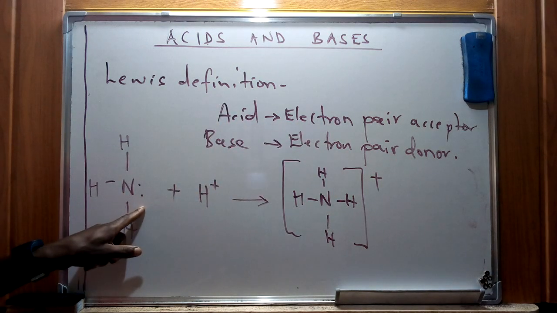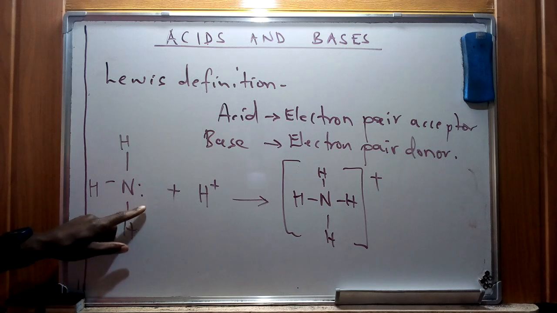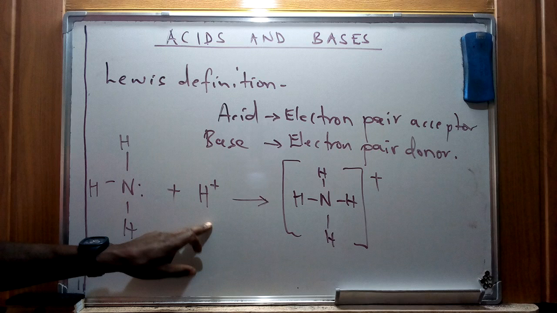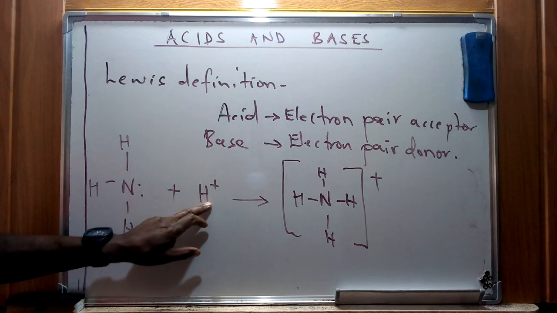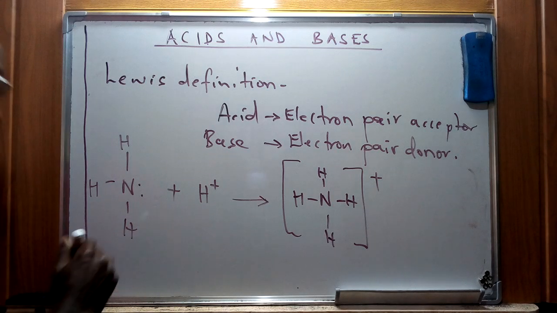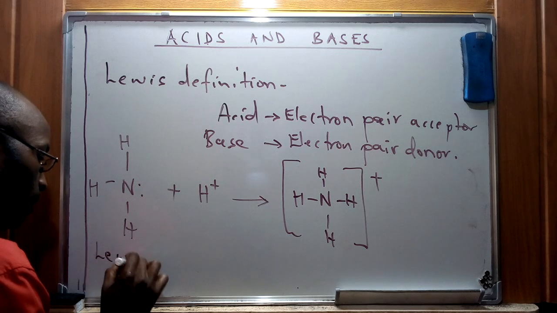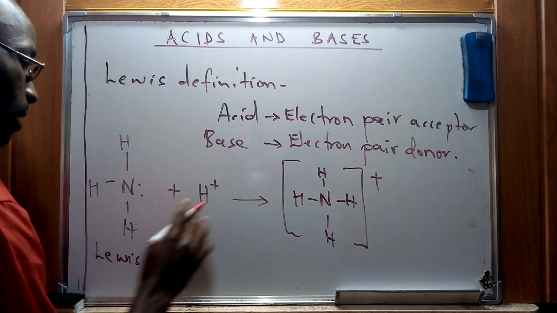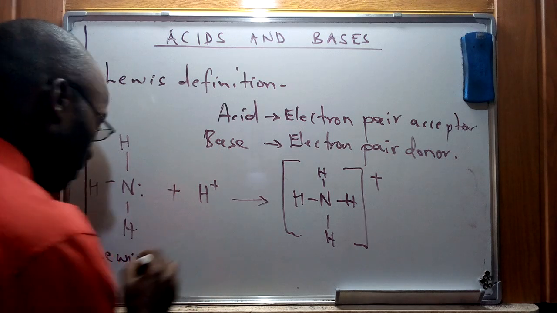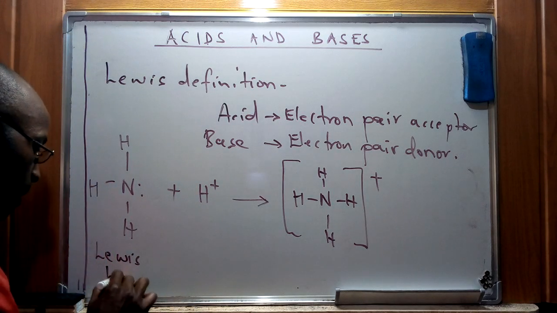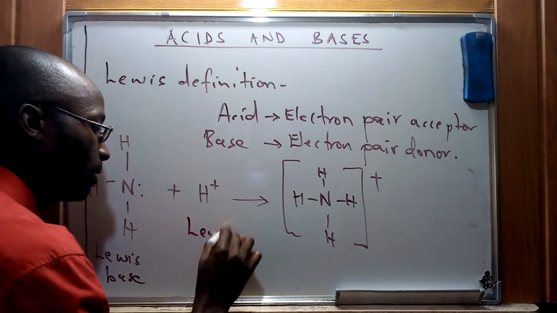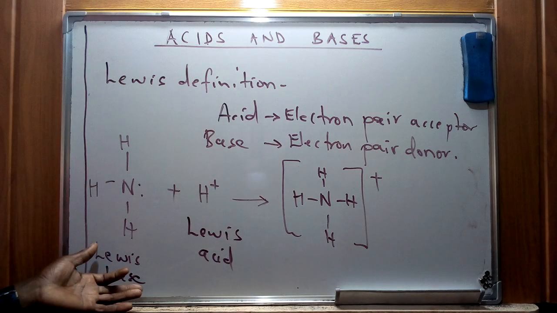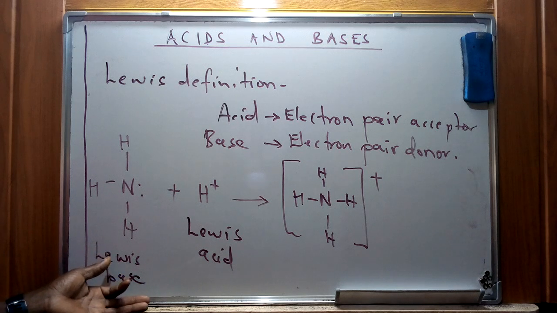Now the one that is donating an electron pair is the ammonia, and the acceptor is this particular acid. So we can classify this reacting species as a Lewis base, which is donating a lone pair of electrons, whereas the one that is accepting this pair of electrons is known as a Lewis acid. Therefore, from this particular definition, we can identify a Lewis base and a Lewis acid, respectively.